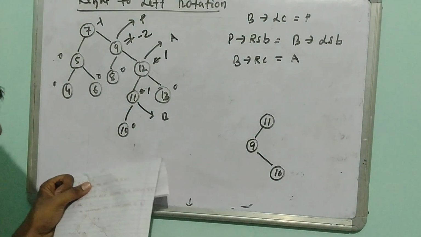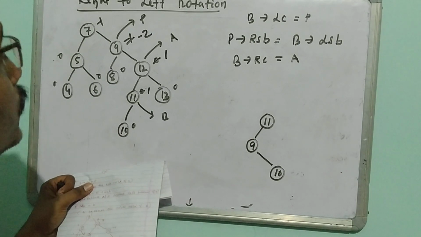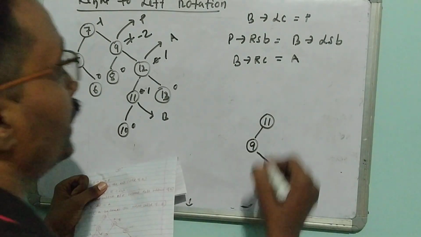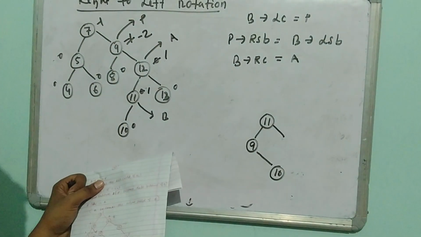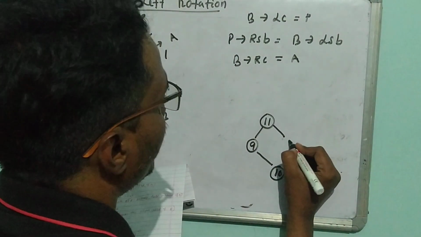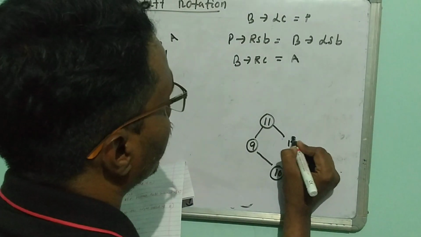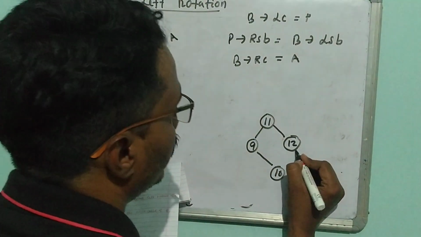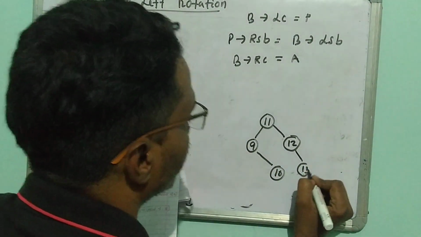My B is nothing but 11. So B RC is equal to A. So the right child of the B is equal to nothing but 12. A is nothing but 12. So the rest of the part is as it is, 12 having 13.